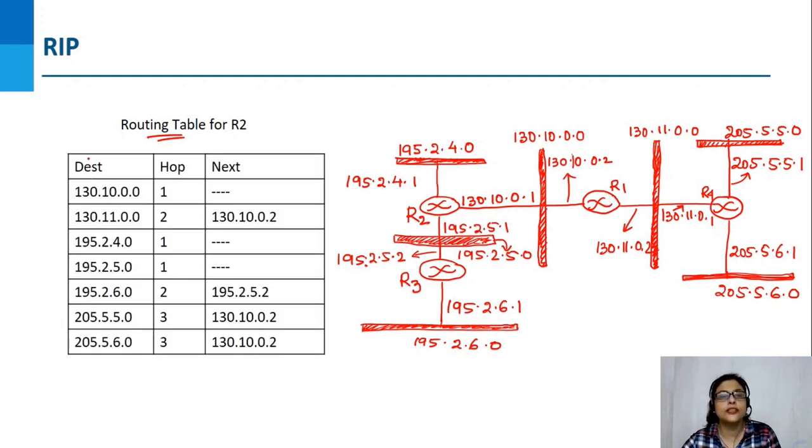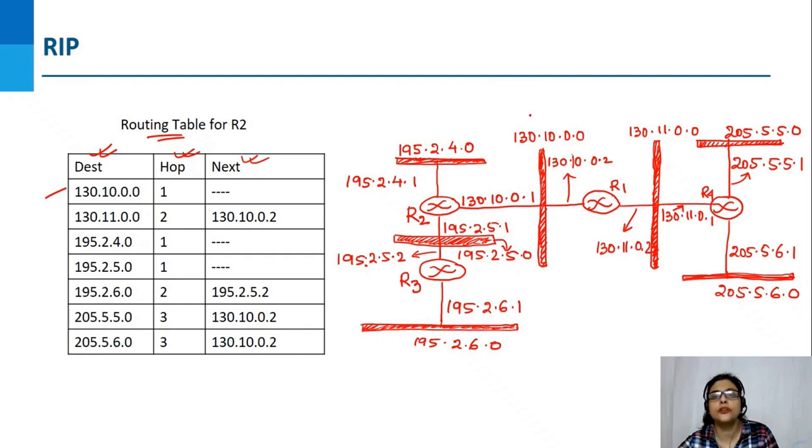So as before, the destination field is the network field. It gives the network address. The hop is the number of links, and the next field is the immediate next link. So here, let's say we want to go from router R2 to this destination 130.10.0.0.